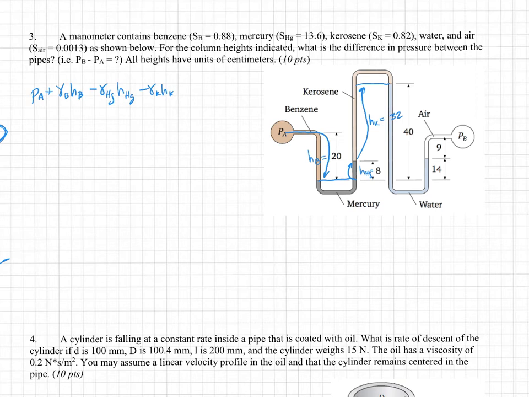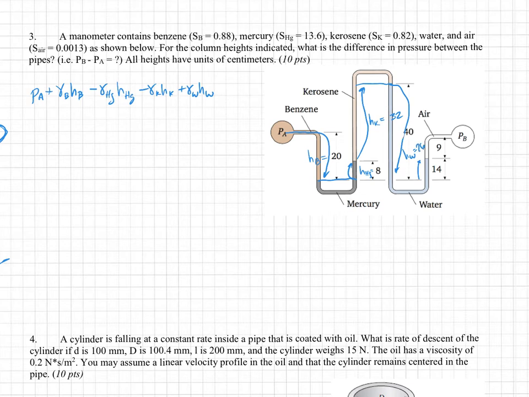Okay, so now I'm up here, and I'm going to go down in the water, right there. So I'm going to go plus gamma water, and I'm going to go H water. What is H water? It looks like the water is that full 40. HW. No, H water is not that full 40, is it? Okay, it looks like H water is 40, and then you come back up 14, so it's going to be 26.